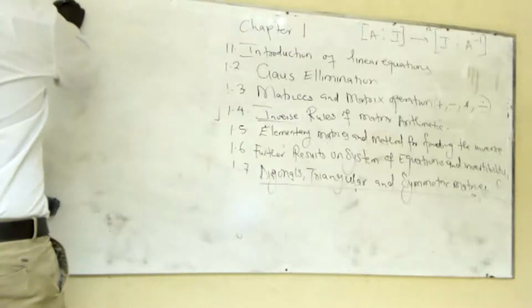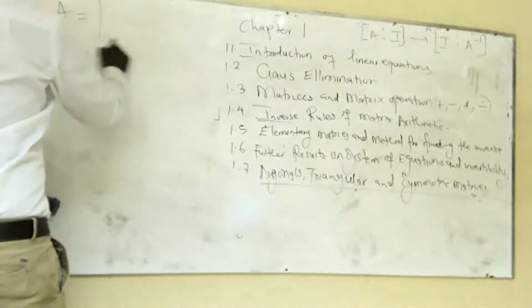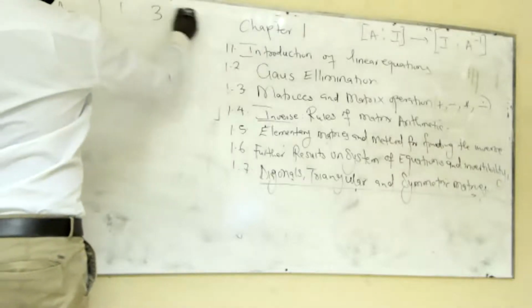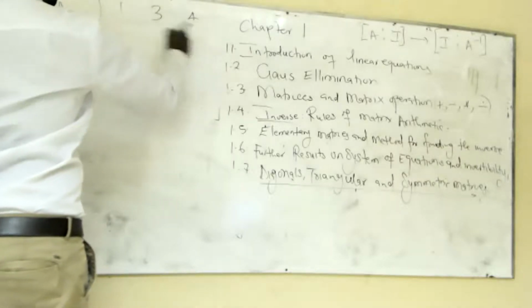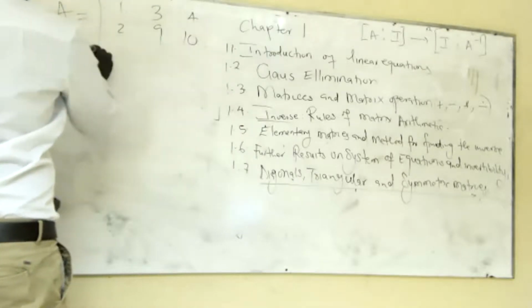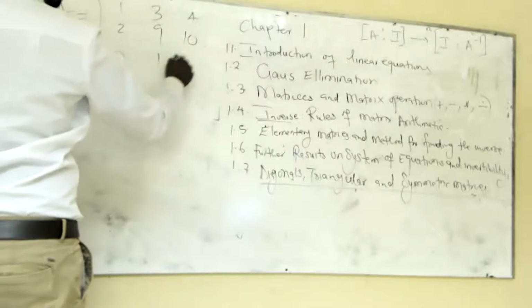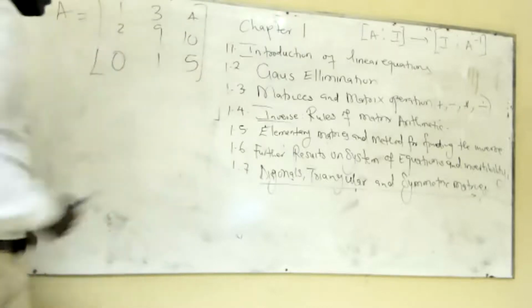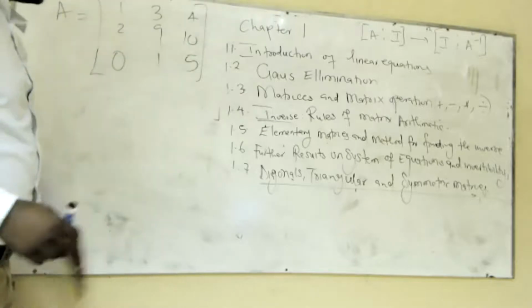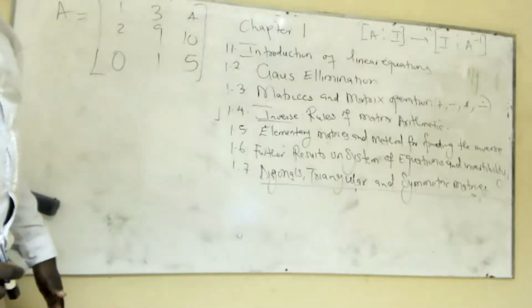By now, if we're given a matrix like this, let me give an example of a 3 by 3. Let's say we have 1, 3, 4, 2, 9, 10, 0, 1, 5. So this is a 3 by 3 matrix. Why is it a 3 by 3? Because it has 3 rows and 3 columns. Are we all together?